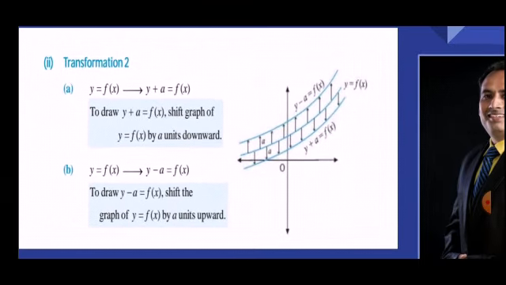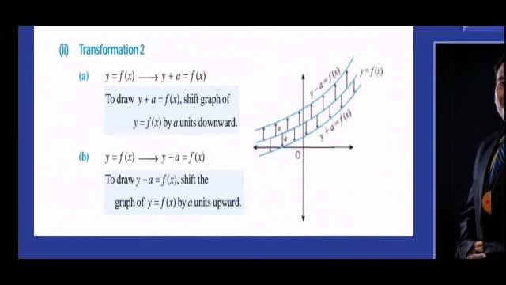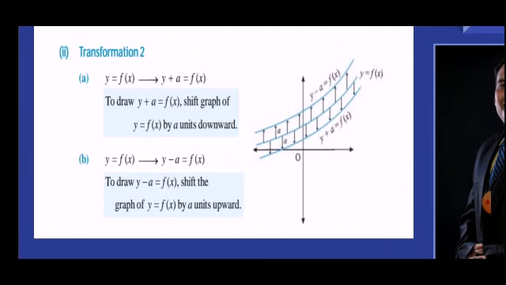The second transformation: as in the first transformation, the function is shifting along the x-axis as the changes are in the domain. In the second transformation, we'll discuss the changes in the range, meaning along the y-axis. Unlike the first transformation, here if we say y plus a equal to f(x), we are changing the function as y minus a, f(x), like x minus a and x plus a, f of x minus a and f of x plus a, in respective order.